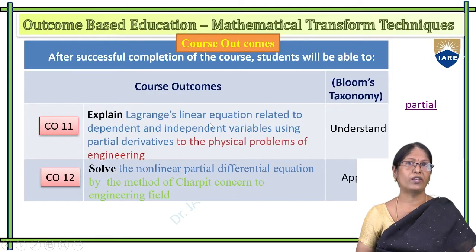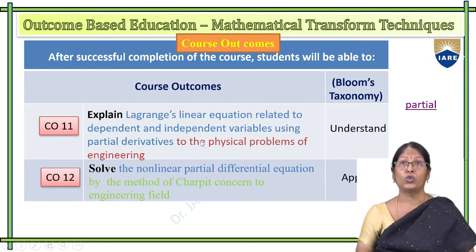The linear oriented we kept as course outcome 11, non-linear under a separate course outcome 12. So totally for the Laplace transform 3 course outcomes, for Fourier transform 3 outcomes, multiple integrals 1 course outcome. The fourth module, vector differential calculus 3 outcomes, the last one, partial differential equations 2 outcomes.